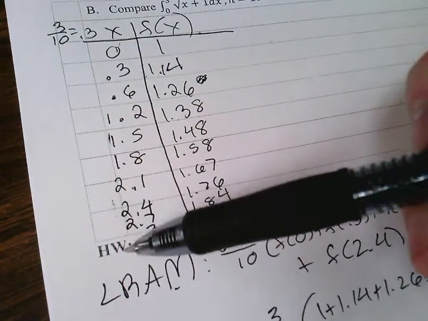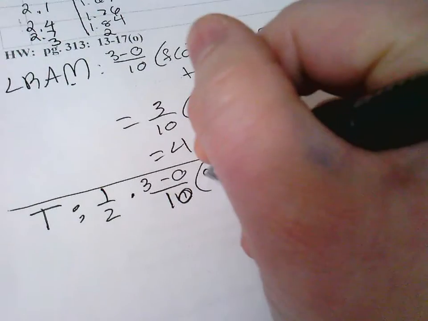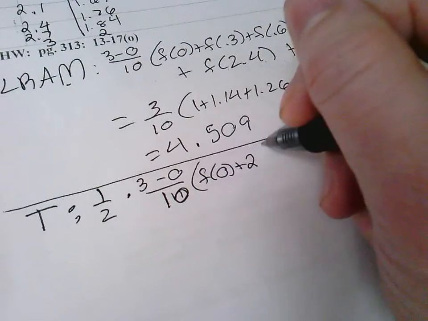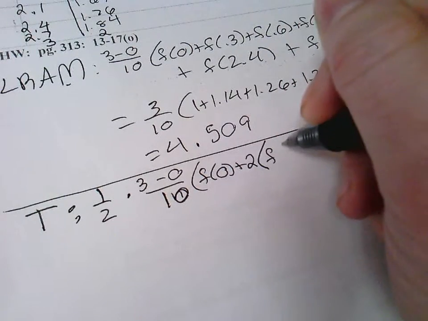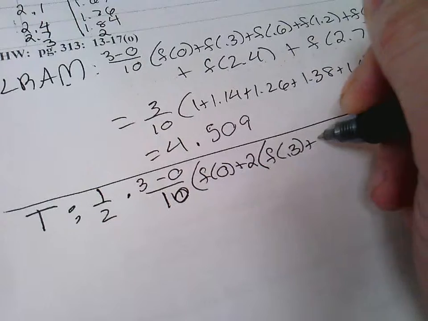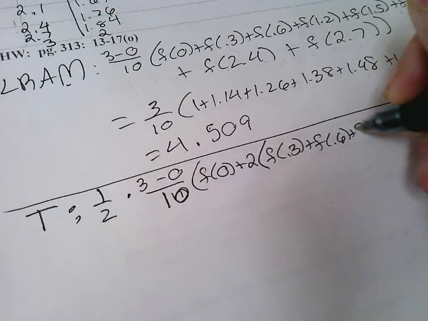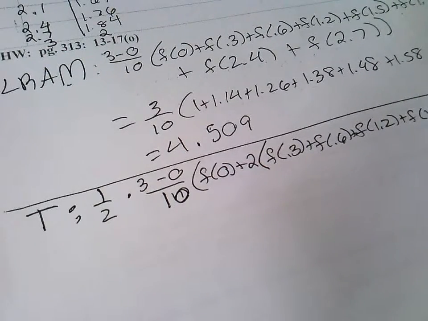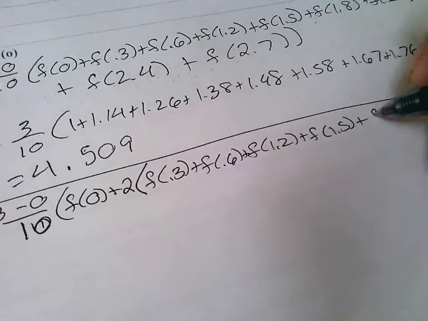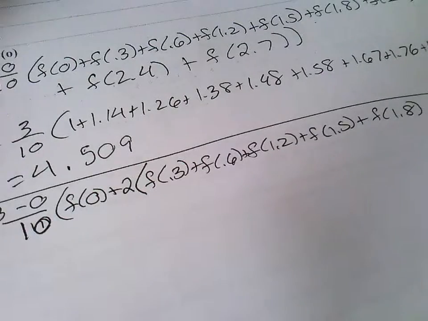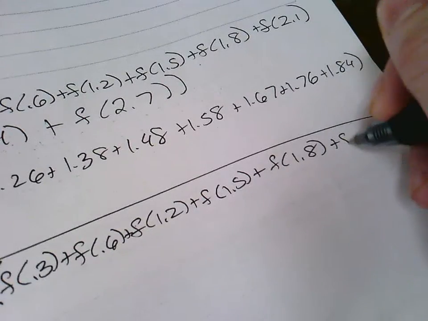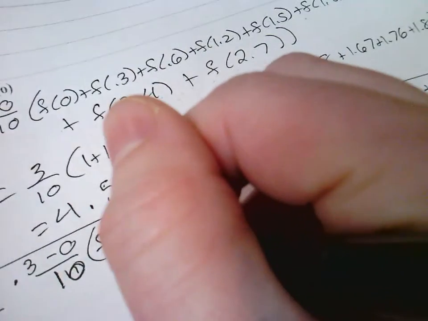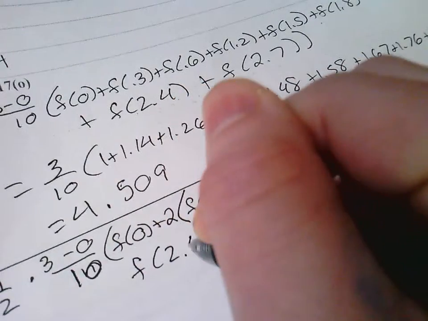So you got f of 0 plus 2 times f of 0.3 plus f of 0.6 plus f of 1.2 plus f of 1.5 plus f of 1.8 plus f of 2.1 plus f of 2.4 plus f of 2.7.